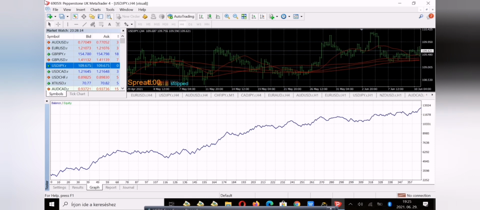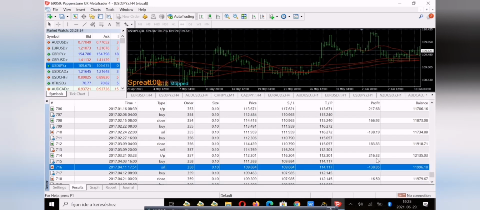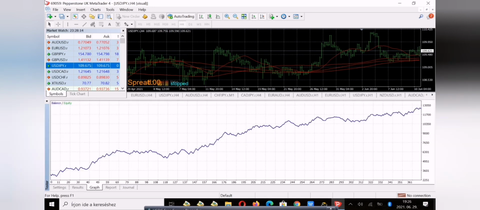Also I coded a little part where it can't close your trades right away when something happens. It has a parameter that counts the minutes after the trade was taken.